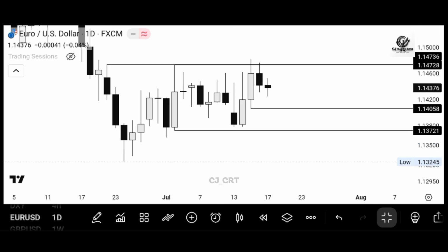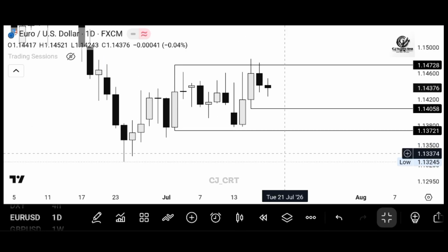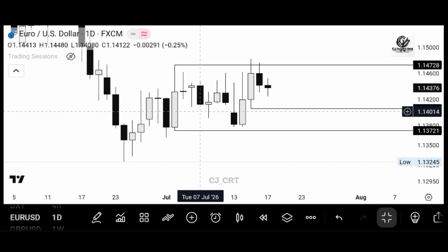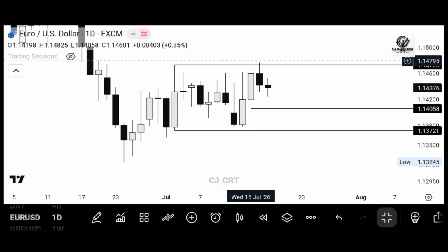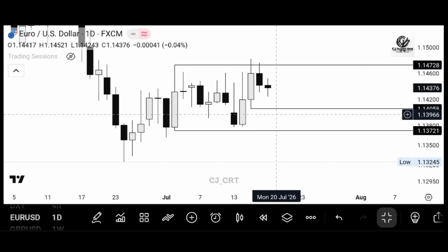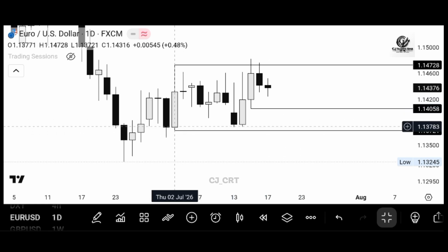Now, this is a range. The high was taken, so you should be hunting the low of this particular daily CRT candle. So it's likely going to get to this level.